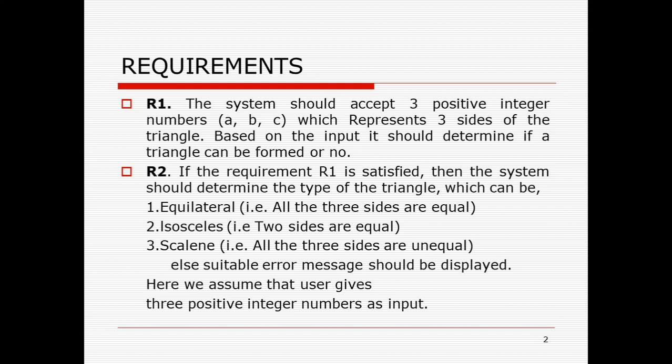Similarly, in checking the isosceles case, if the two sides are not equal to one another, then it should give an error. So it should take the test cases for all the different cases here. You have to derive three different test cases for this.